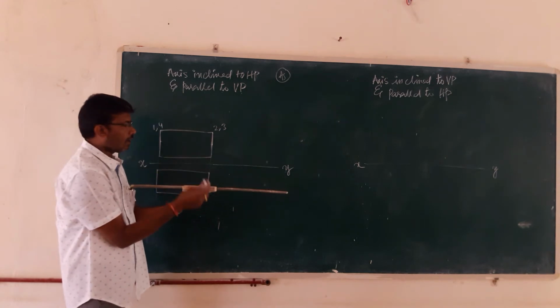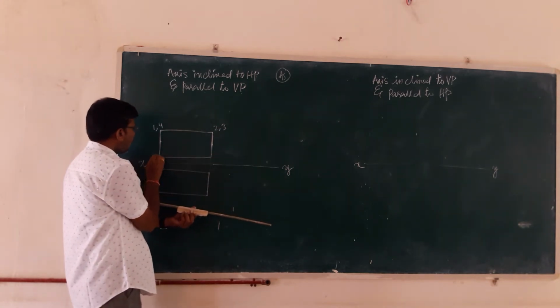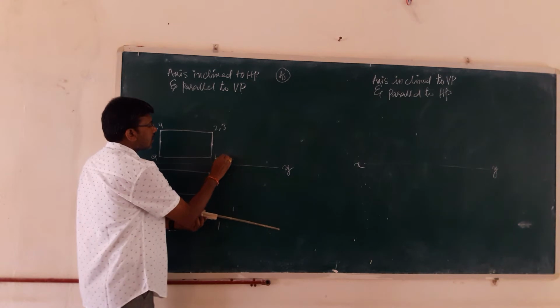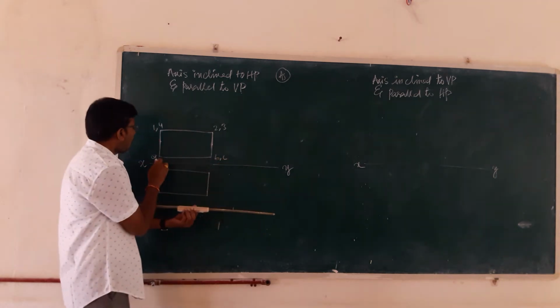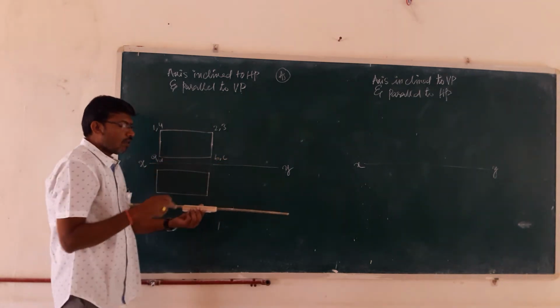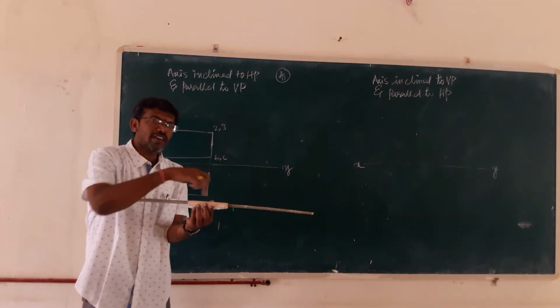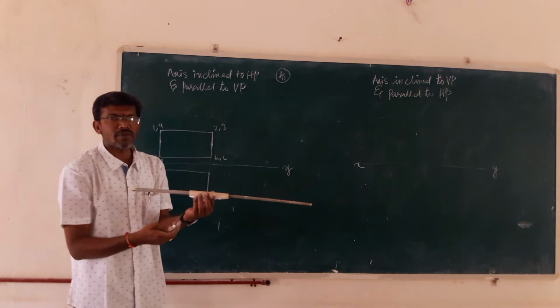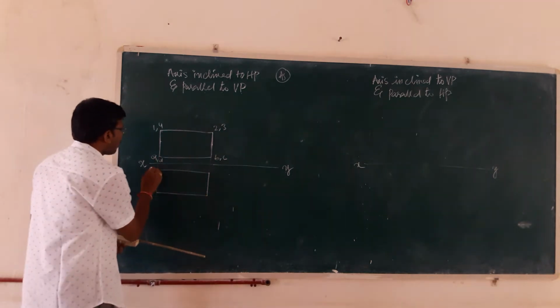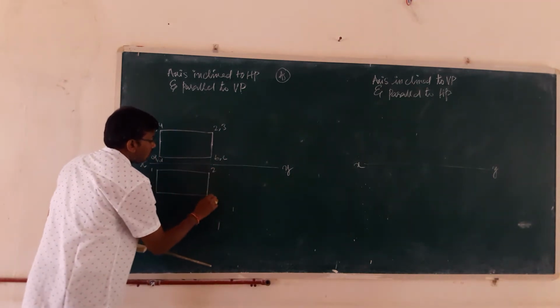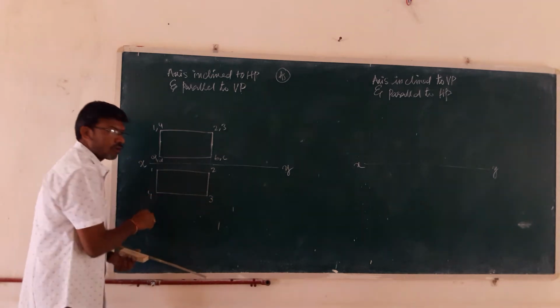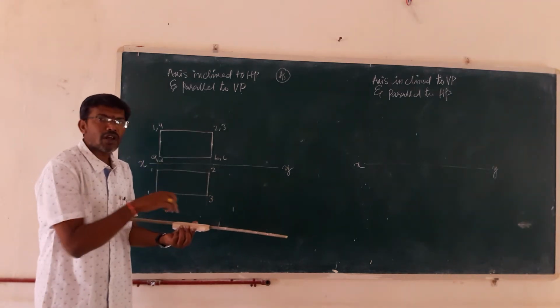And here this one is A, B, this is C behind, and this is D. So when you are seeing from the top, what are the points visible? 1, 2, 3, 4 are visible and A, B, C, D are invisible. So simply I can write down, this is 1, this is 2, this is 3 and this is 4. The top numbers 1, 2, 3, 4 are visible.